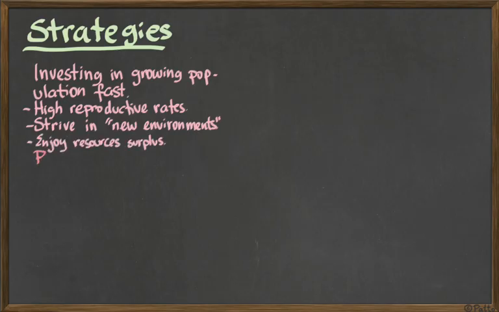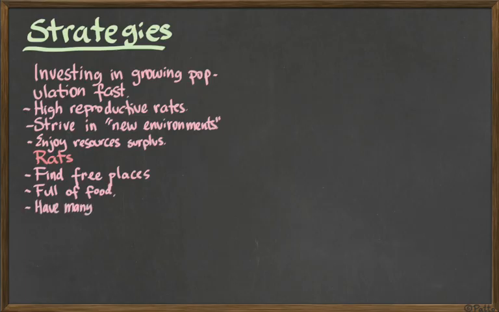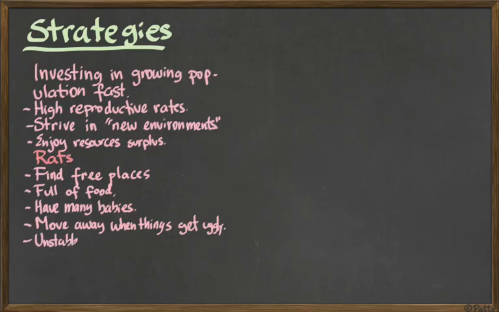They enjoy resource surplus, and a good example of that is rats. So they find a free place, they are full of food, they have many babies, and they move away when things get ugly. If you watch Ratatouille, when things started getting bad, the rats moved away and they went to Paris. That's the idea of this strategy, okay?